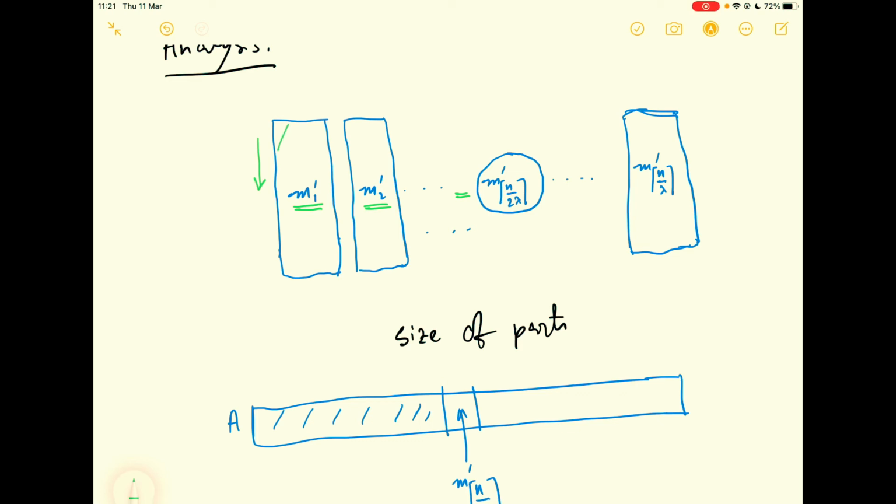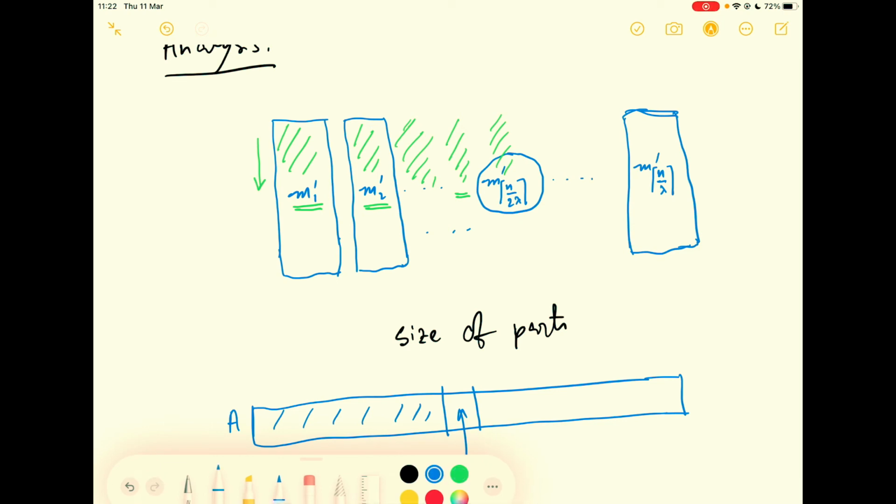So then all the elements on top of m1 prime, m2 prime, and so on, all the elements that appear in the green shaded region, they are definitely smaller than the pivot, and hence they should appear in the left part of the array A after partition. So that gives a lower bound on the size of the parts.